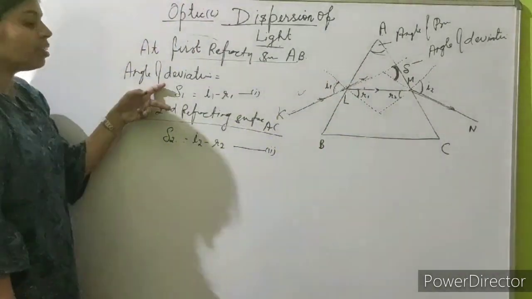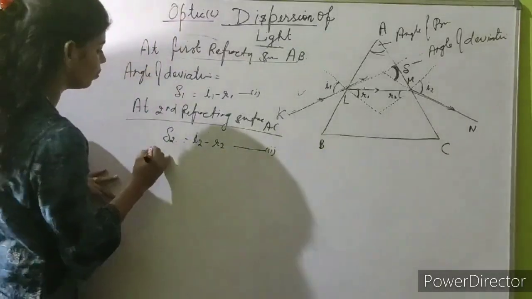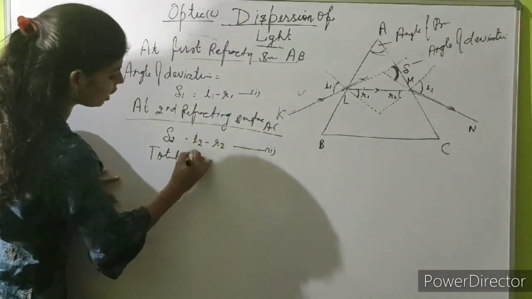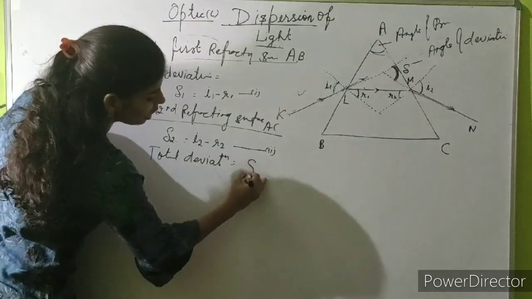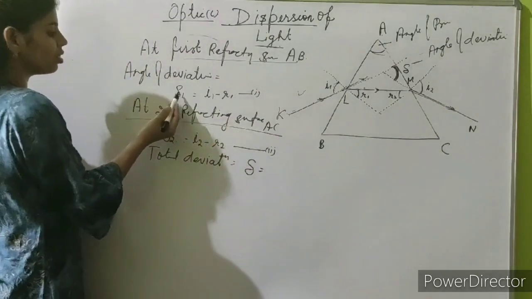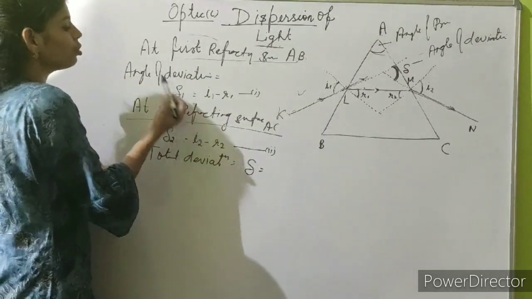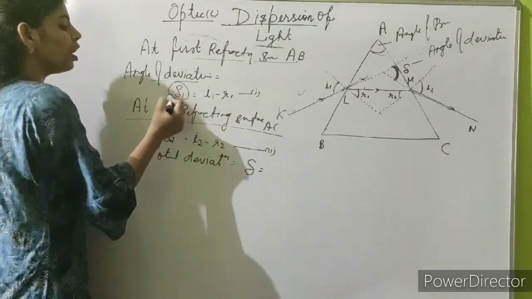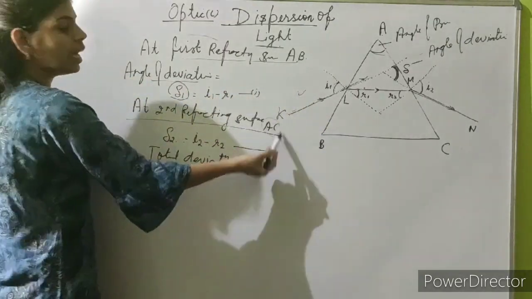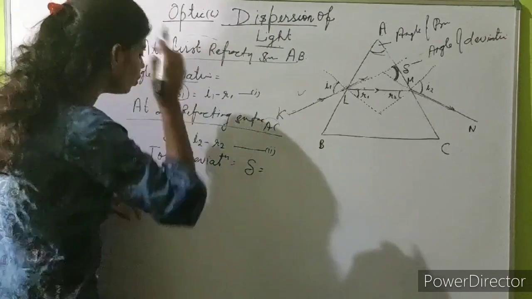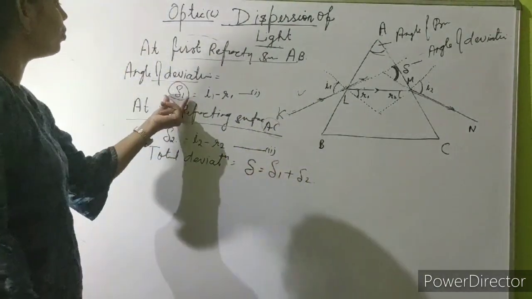Now what is the total deviation faced by the incident ray? Total deviation can be denoted by delta, and that is equal to the sum of delta 1 plus delta 2. Deviation that has occurred at AB and deviation that has occurred at AC. So delta is equal to delta 1 plus delta 2. What is the value of delta 1?